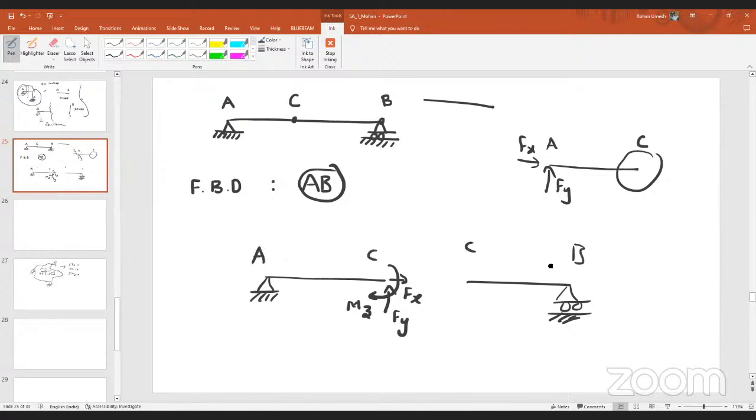What about for the part CB? What will be the direction of the force along the X direction at point C? I will represent it along the X. Why? Because if you join these two again, the contact force acting on the right side here and the contact force acting on the left side there, if you add those two, positive and negative will be equal to 0.